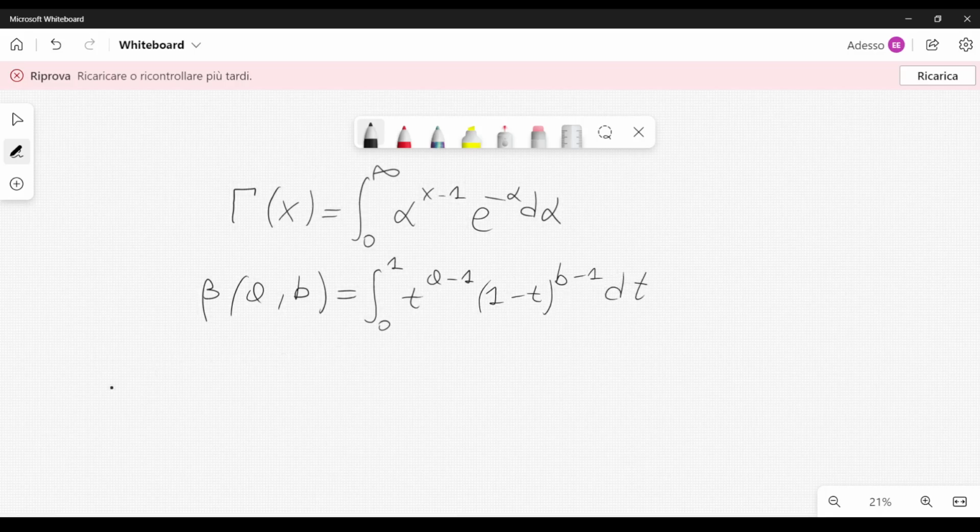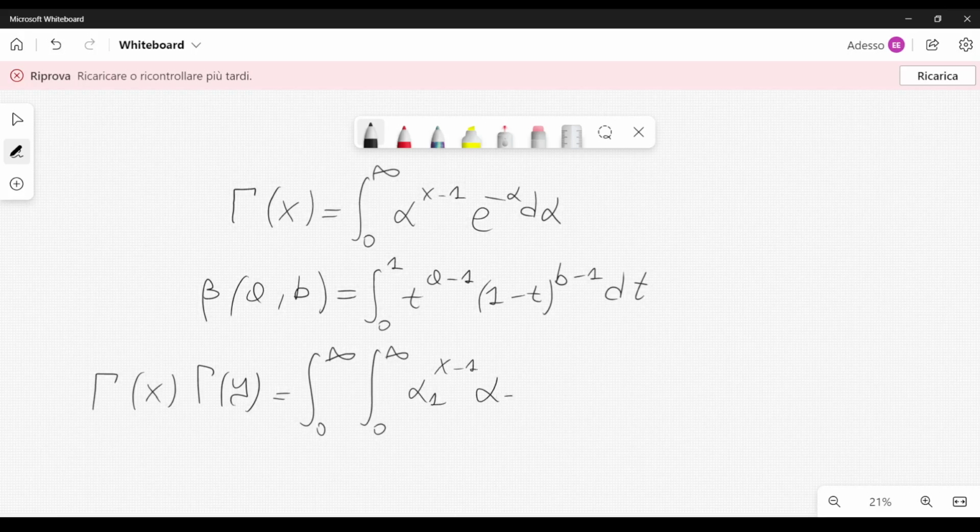And let's consider the product of two gamma functions, gamma of x, gamma of y. We can rewrite this as integral from 0 to infinity, integral from 0 to infinity of alpha 1 to the x minus 1, alpha 2 to the y minus 1, e to the minus alpha 1 minus alpha 2 d alpha 1 d alpha 2.